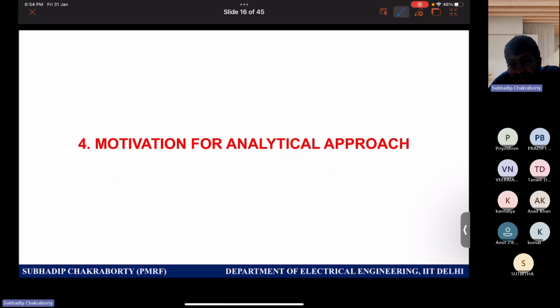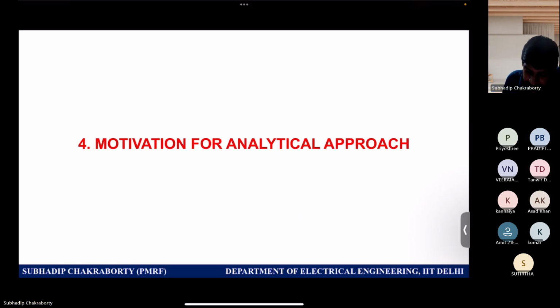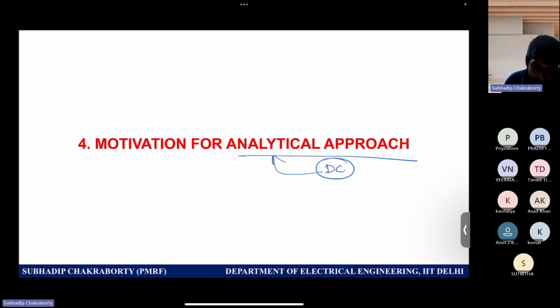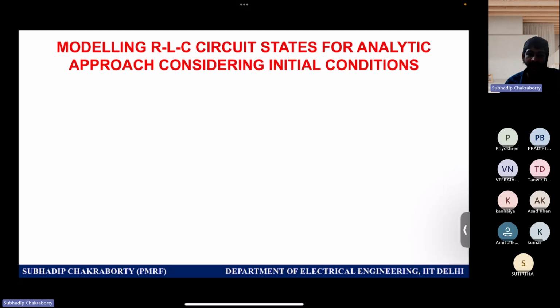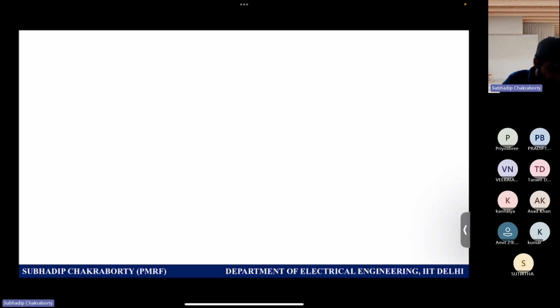So we saw the first order ODE solution we derived, but it was a hectic process, right? A lengthy process. So in order to simplify things for the DC, we build out the analytical approach. So the analytical approach is simple. It gives you a formula that the response, this is the response, right?